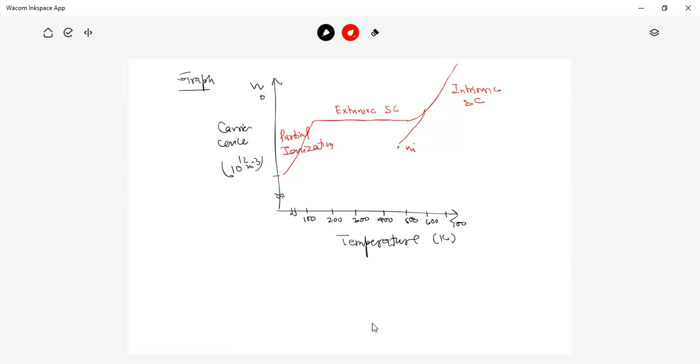So this part is A, B, C, and D. The AB segment at low temperature is partial ionization.